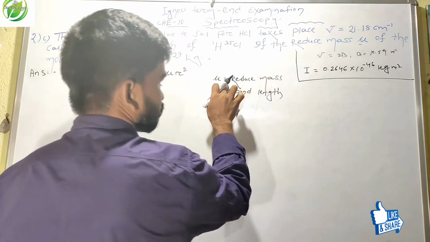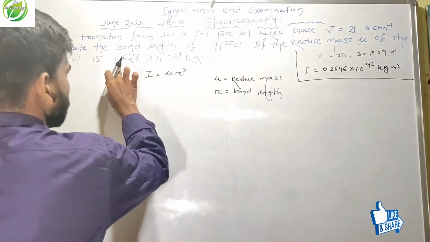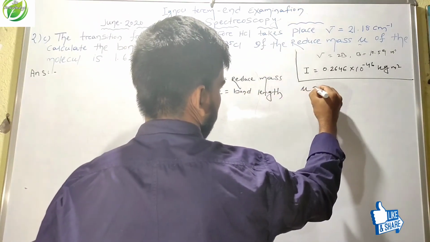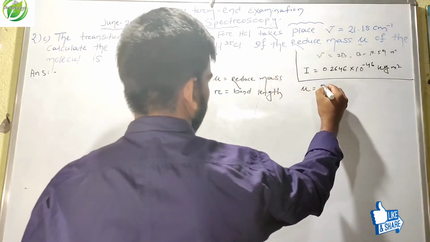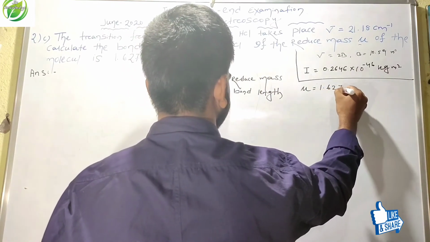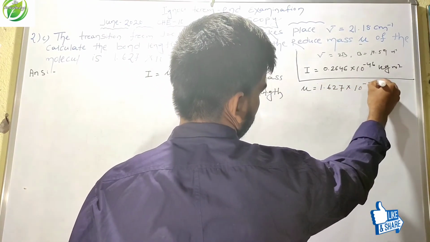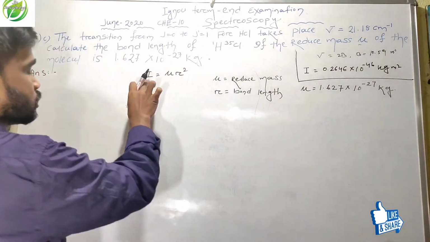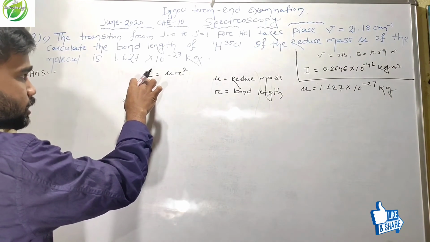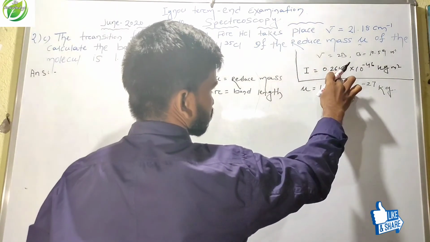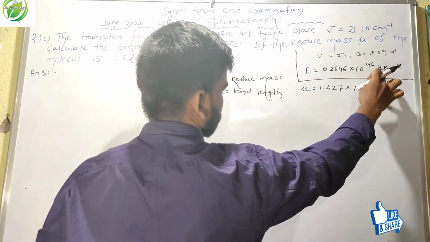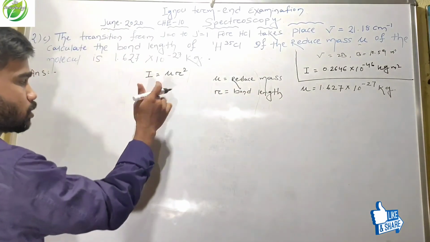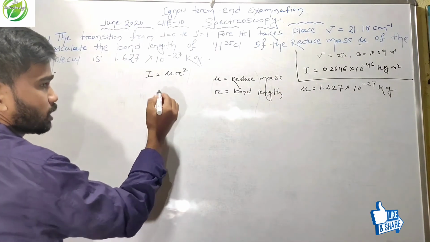The reduced mass value is 1.627 × 10⁻²⁷ kg. And the moment of inertia I is already calculated, that is 0.2646 × 10⁻⁴⁶ kg m². We put all these values in this equation.